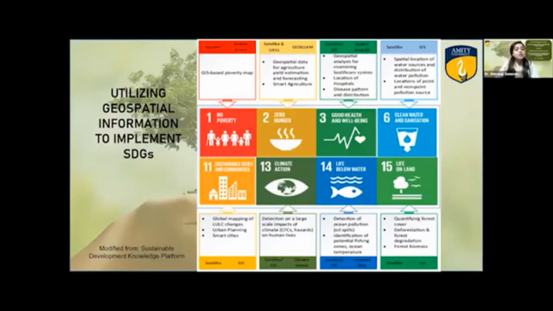Now coming to SDG 13, how you can use geospatial technology for SDG 13. So for SDG 13, the effect of climate change can be seen in all the sectors, from well-being to the terrestrial ecosystem. I think everyone must agree in this case.